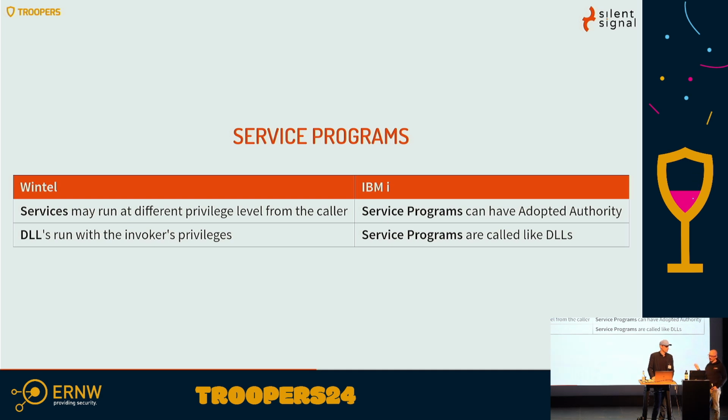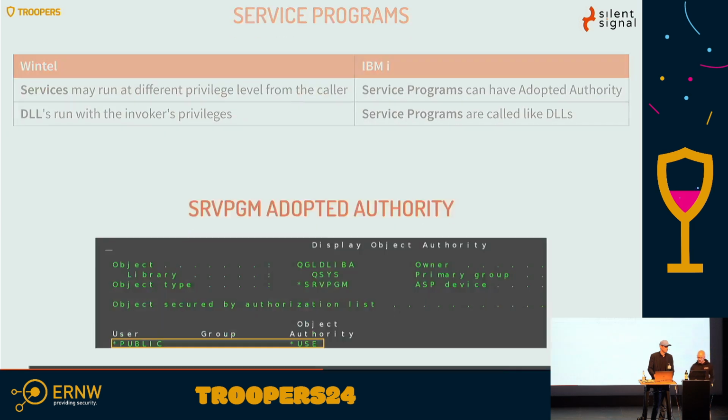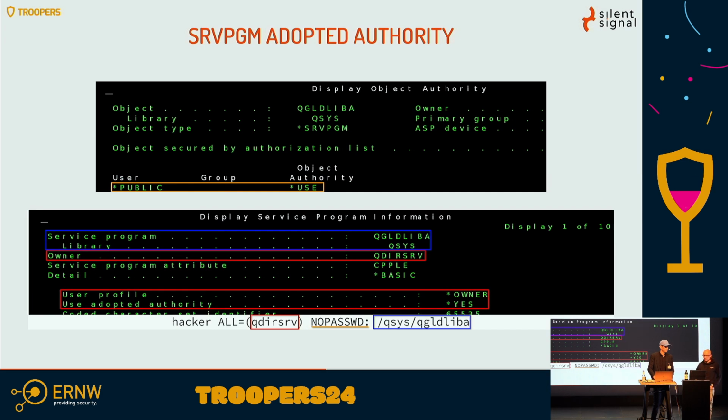At the same time, if we think about calling a service program like a call to a DLL, it seems logical that control is just transferred inside their address space, and there should be no trust boundaries present, right? And this is kind of how the situation looks. So combining these two ideas, we end up in a setup where higher privileged code is accessible basically without authentication. This is similar to a permissive sudo configuration, as I show you here.